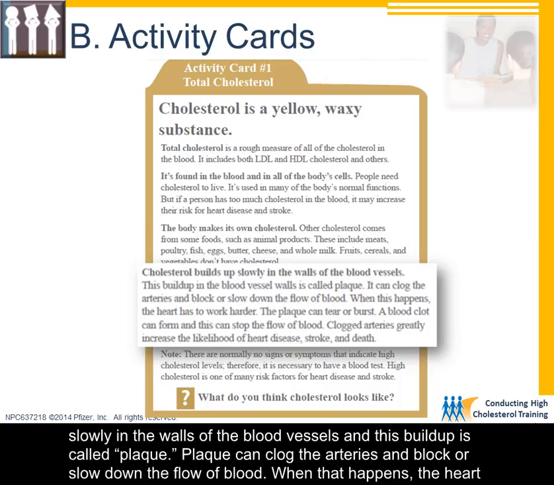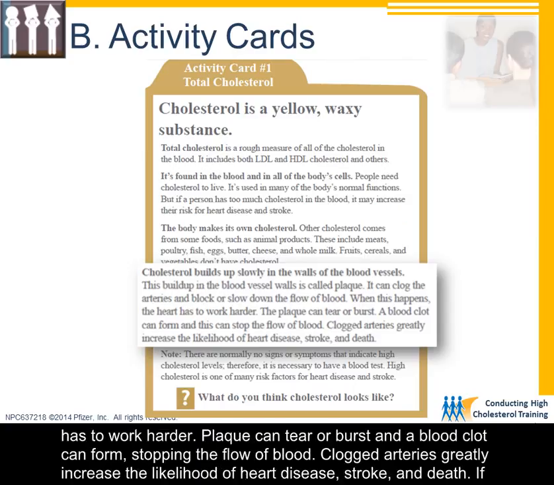When that happens, the heart has to work harder. Plaque can tear or burst, and a blood clot can form, stopping the flow of blood. Clogged arteries greatly increase the likelihood of heart disease, stroke, and death.